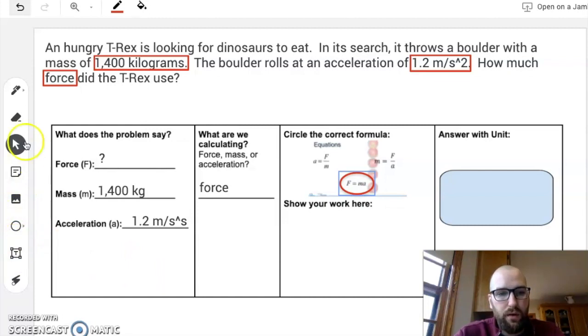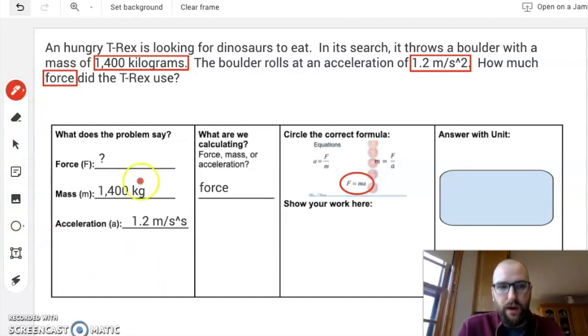When I'm showing my work, I like to use the pencil tool so I can just write it out, because sometimes I'm multiplying, sometimes I'm dividing. So F equals 1,400 kg, which is my mass, right?